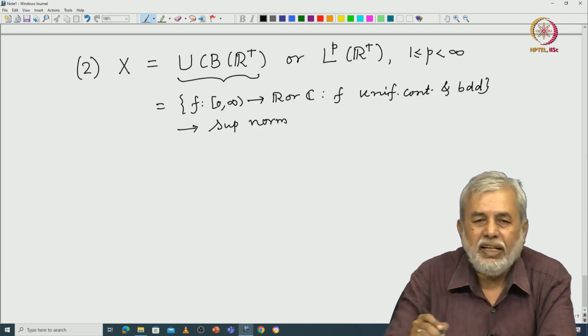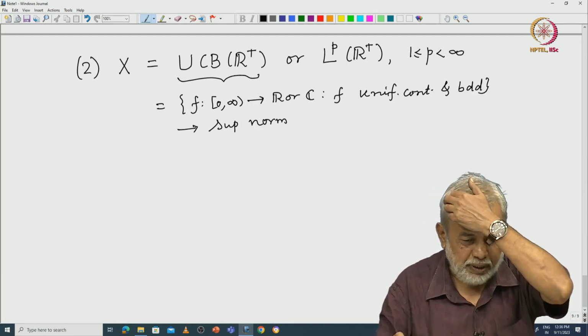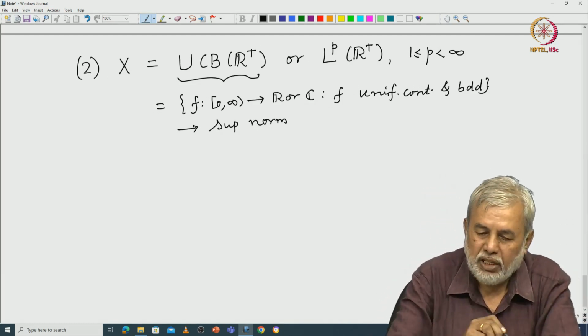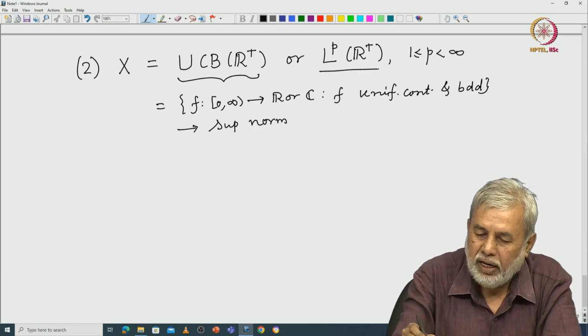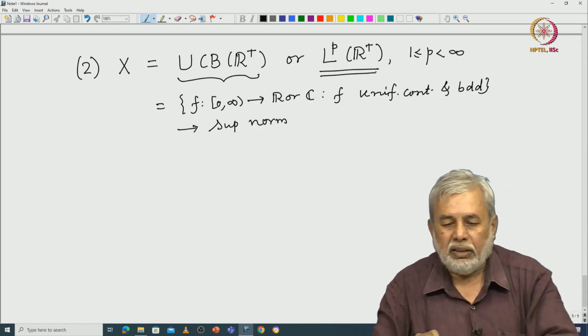Okay. So, you can verify that it is a Banach space. Okay. X is this UCB, which is also a Banach space, and these are the usual Lebesgue classes.